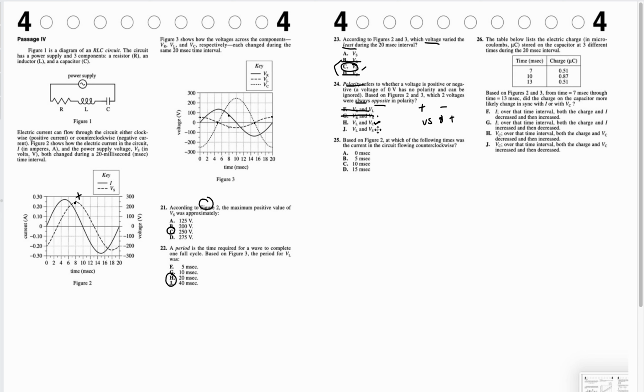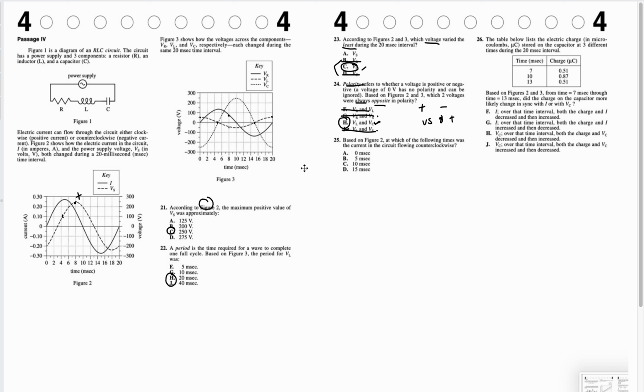But I can pick another one because I want to see if it's always going to happen. VL, the dashed, is in the negative until it reaches 5 seconds. It is now in the positive. So it's positive and positive for around 4 seconds, or a little bit more, between 4 and 5 seconds. So these do not always have opposite polarity. So the answer for 24 is H.